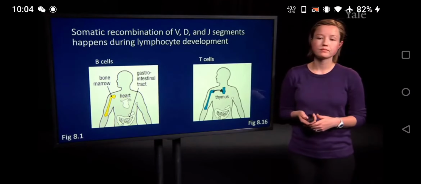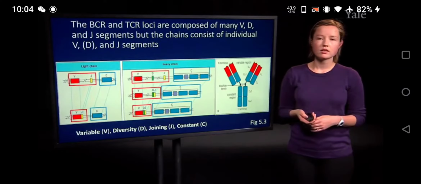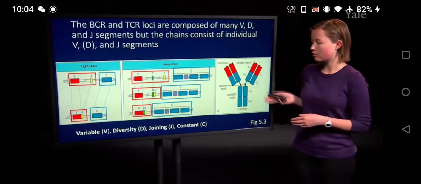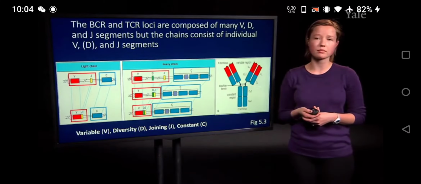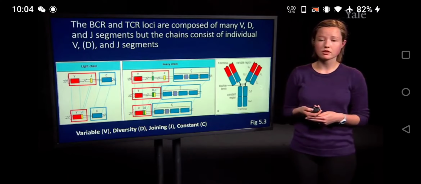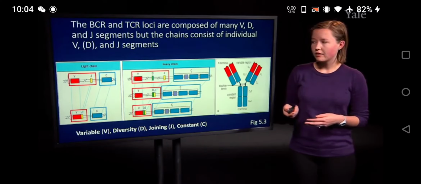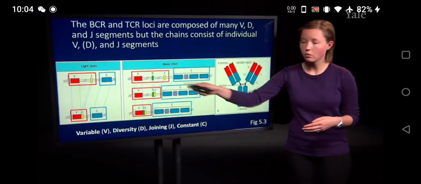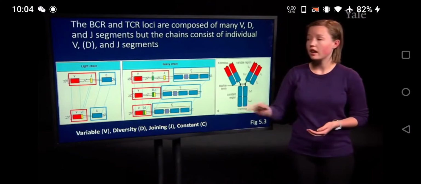So as mentioned previously, during the course of development, and right here we're looking at a B cell receptor, but this is a similar mechanism by which T cell receptors are generated, we're going to have to form a light chain and a heavy chain. The variable region, shown in red here, consists of one V, one D, and one J for the heavy chain, and one V and one J for the light chain.